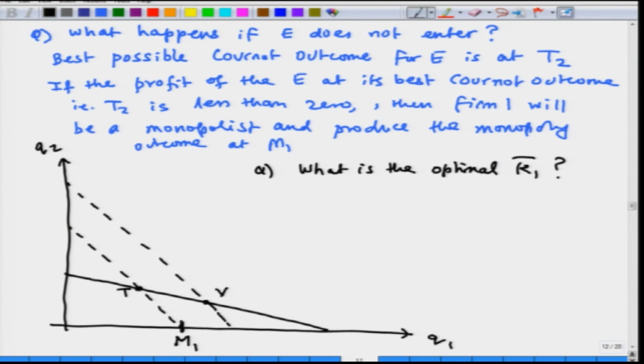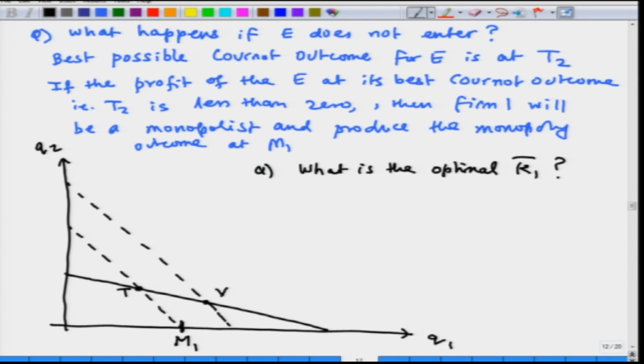Okay. So we will do it in multiple steps. Notice that this optimal choice of capacity will depend on what the incumbent believes its action of choosing K1 bar will have on the entrant.